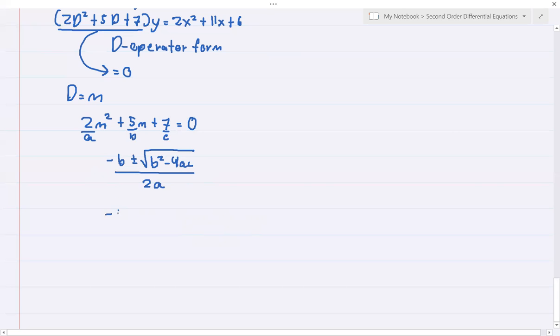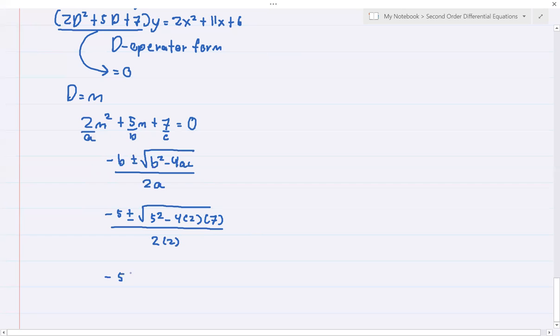Your b here is 5, plus or minus square root of the square of 5 minus 4 times your a, which is 2, times c, which is 7, all over 2 times a, or basically 2 times 2.